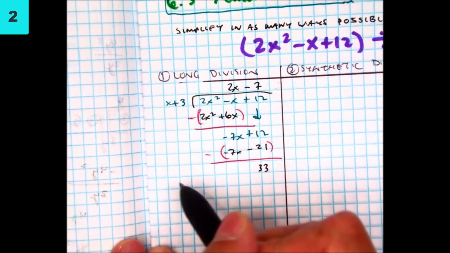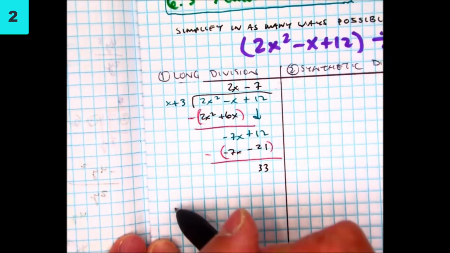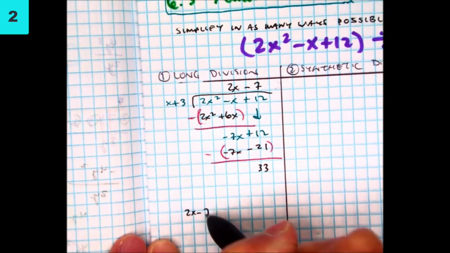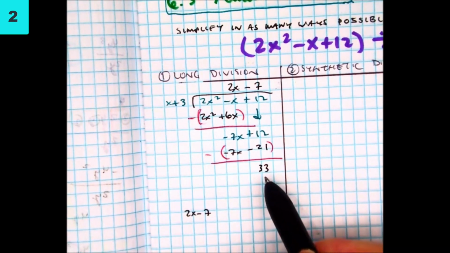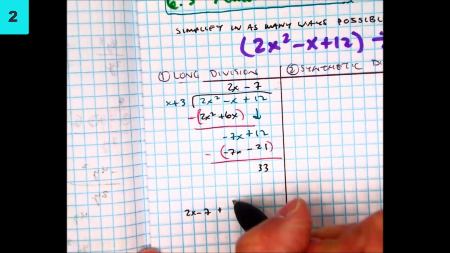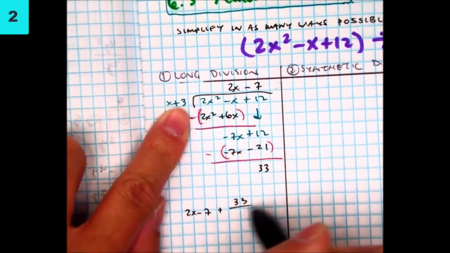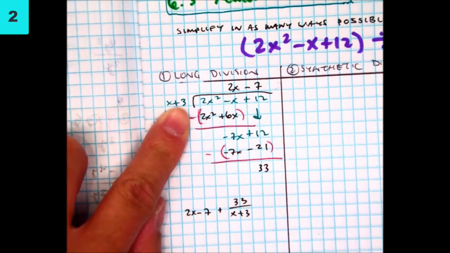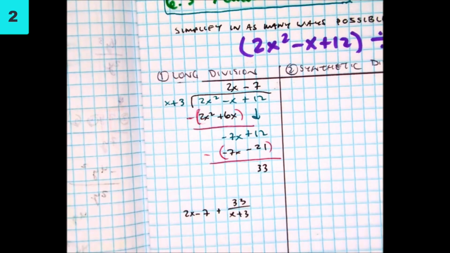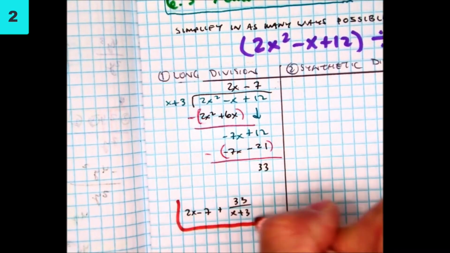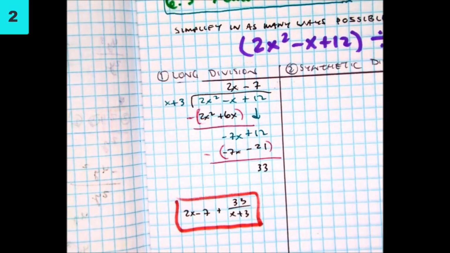So our answer for the quotient is 2x minus 7. Is this addition or subtraction? Addition. So it's plus 33 over x plus 3. So this is the quotient. I'm going to highlight it. This is the remainder.